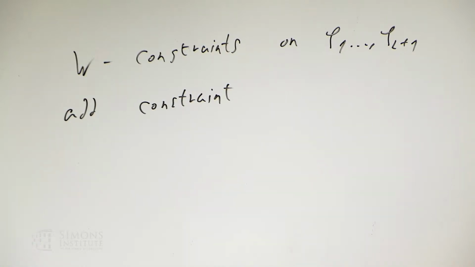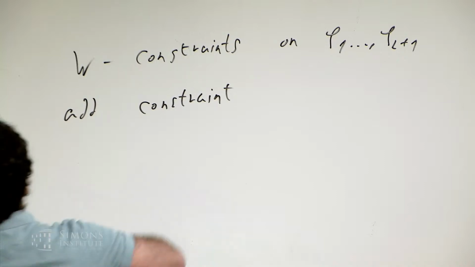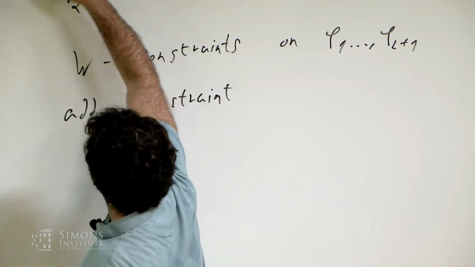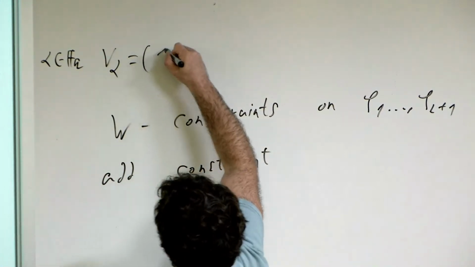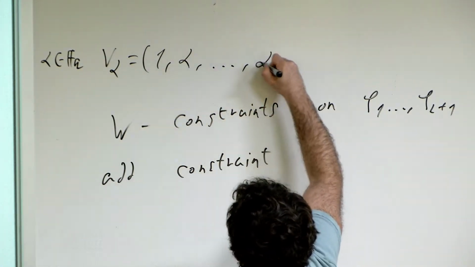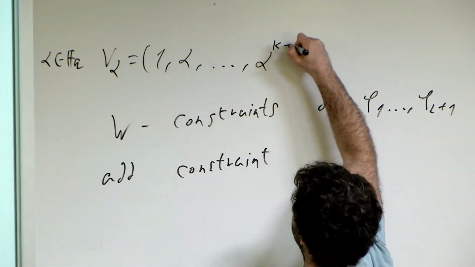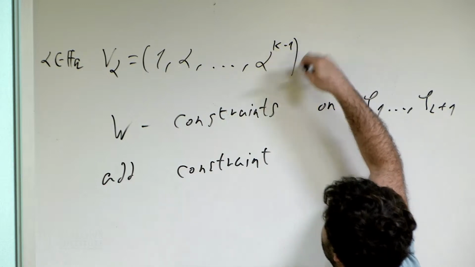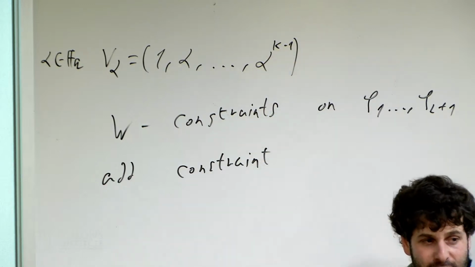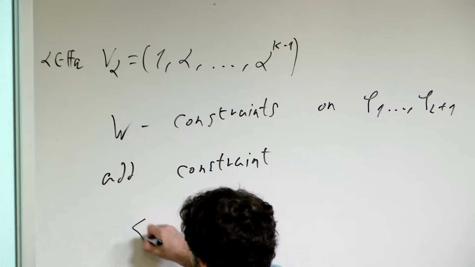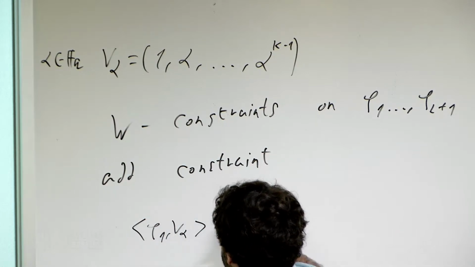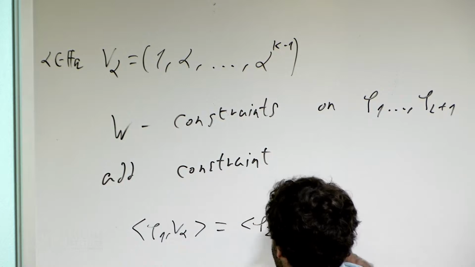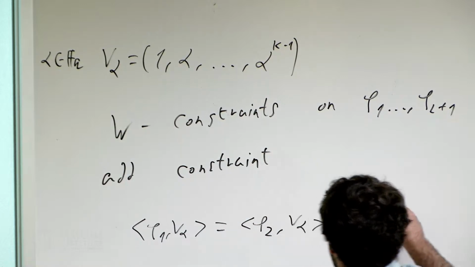Let V alpha, where alpha is in FQ, be the vector 1, alpha, all the way to alpha to the K minus 1. So the new constraint I'm adding is of the form phi1 V alpha equals phi2 V alpha, for random alpha.